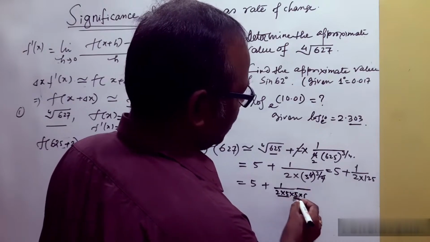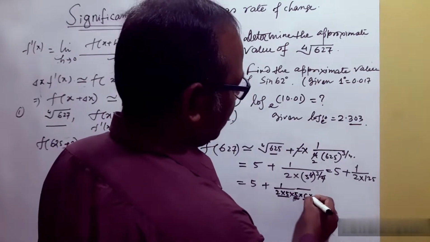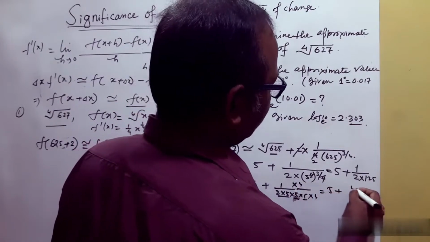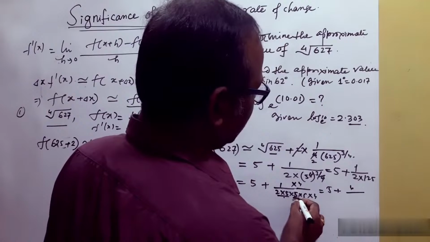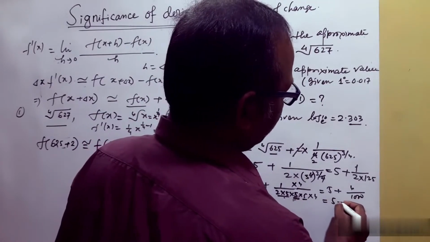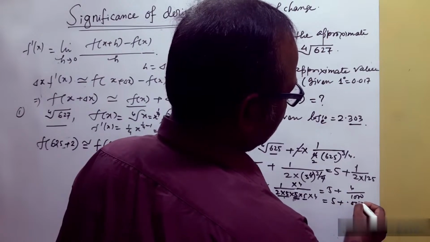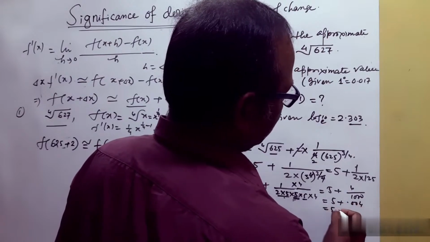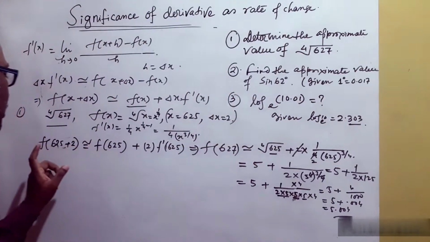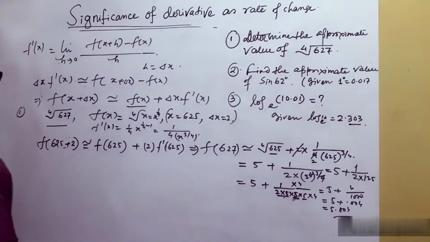So the remaining term is 4 by 1000, that is 0.004. So 5 plus 0.004 is 5.004, which is the approximate value of the fourth root of 627.